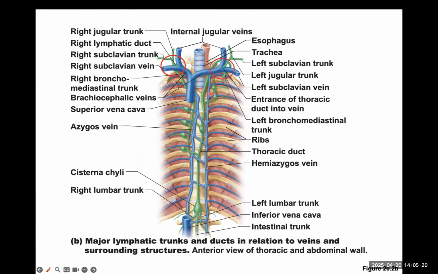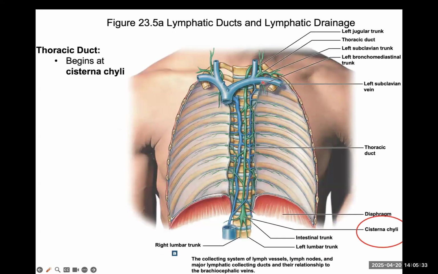So that's where it's dumping all the contents back into the superior vena cava, but that's under the left subclavian. Okay, so that's the thoracic duct that begins at the cisterna chyli, which is right here. That's your landmark, and that's the beginning of your thoracic duct. It's going to collect all the lymph from below, and put the fluid back into the circulatory system up here.